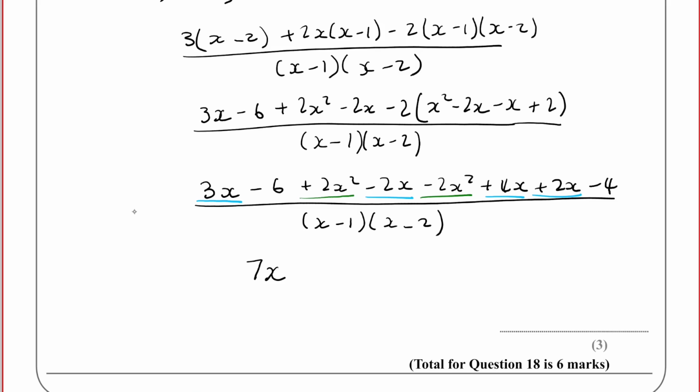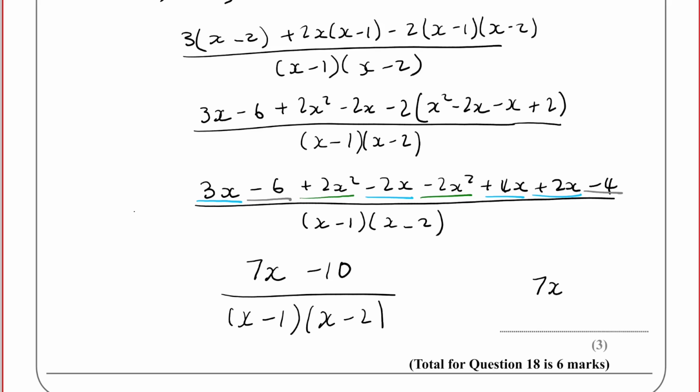And then I have negative 6, take away 4, that's negative 10. So 7x minus 10 over x minus 1 times x minus 2. And that is going to be my answer.